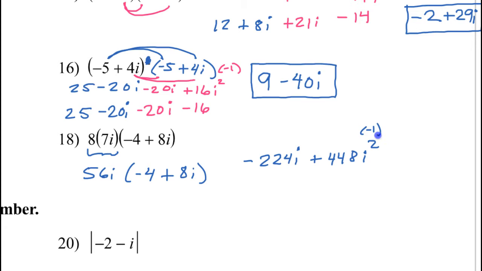Remembering that i squared is negative 1, that really is going to make this negative 448, okay, with no i. And remembering that the imaginary part goes last, I'm going to go ahead and say minus 224i and write my final answer in that order.